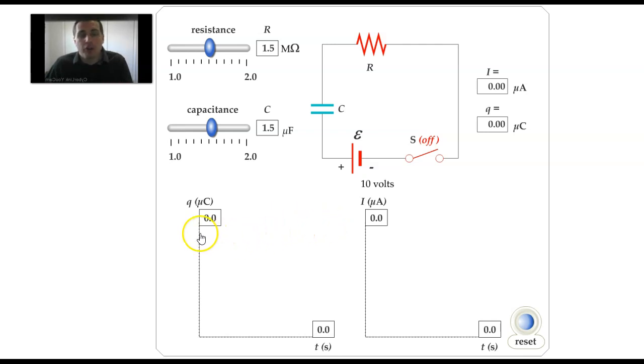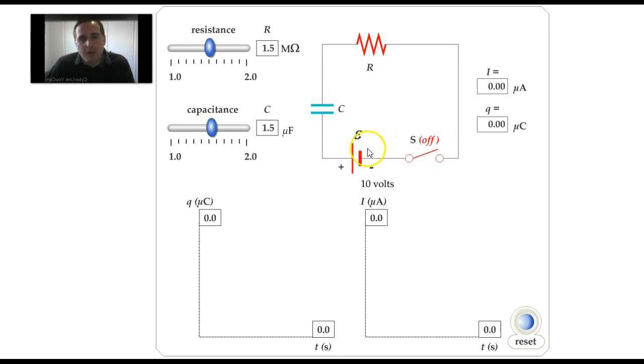In fact, what we should approach would be a horizontal asymptote, and that would be the maximum charge of the capacitor, which should probably be given by C times delta V, and delta V is going to be the voltage of the EMF, because when the capacitor is charged, it's going to be maximally charged.